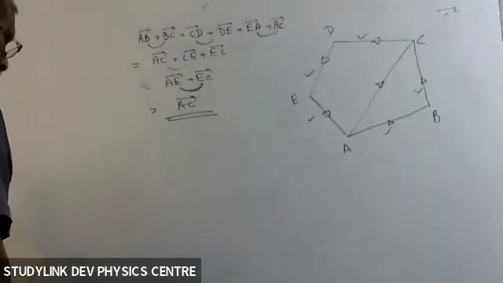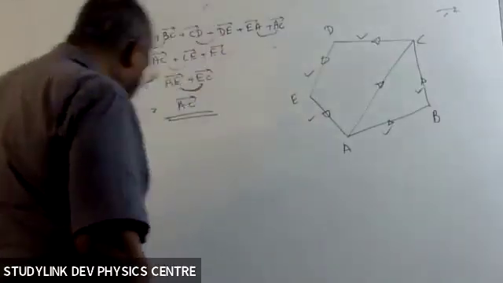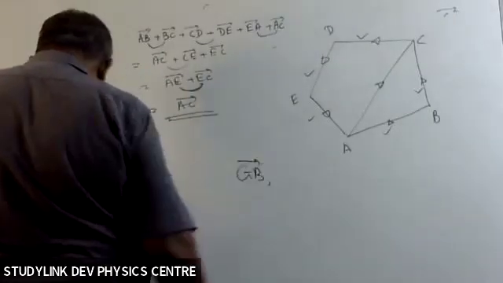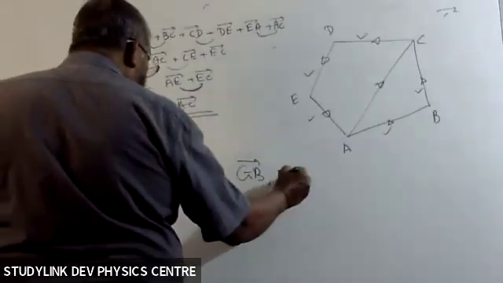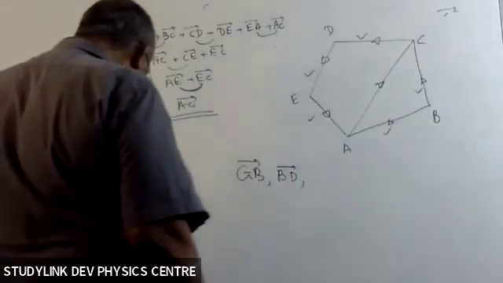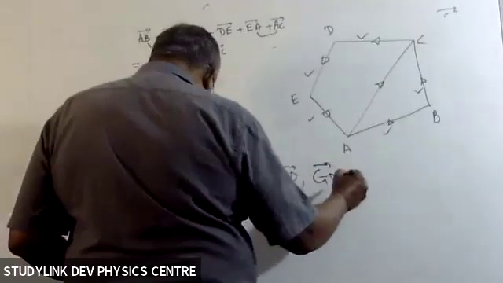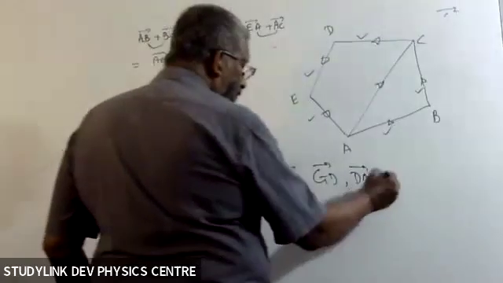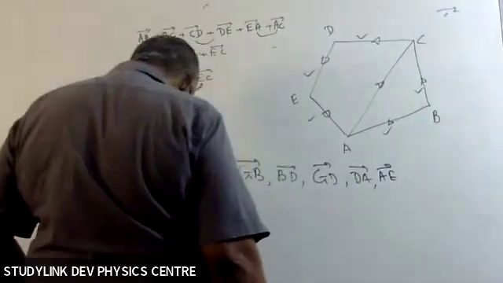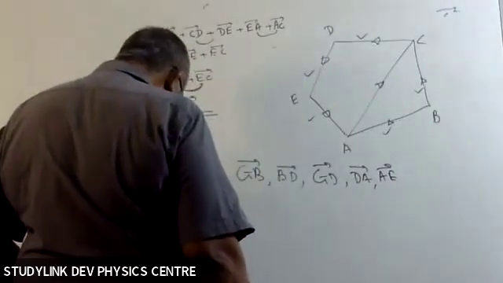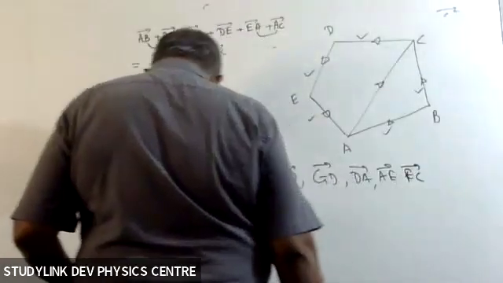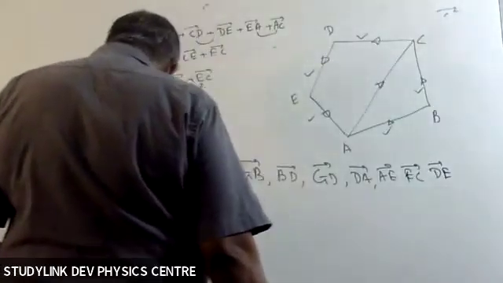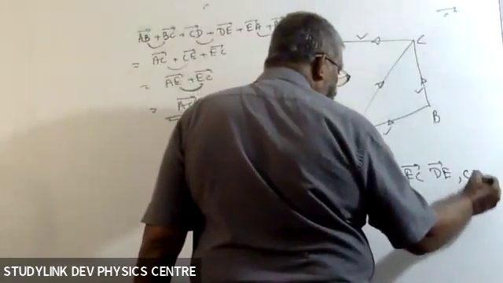There are nine vectors: GB, BD, GD, DA, AE, EC, DE, CF and EF.